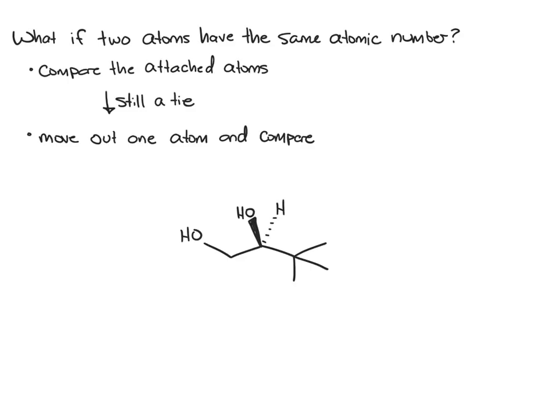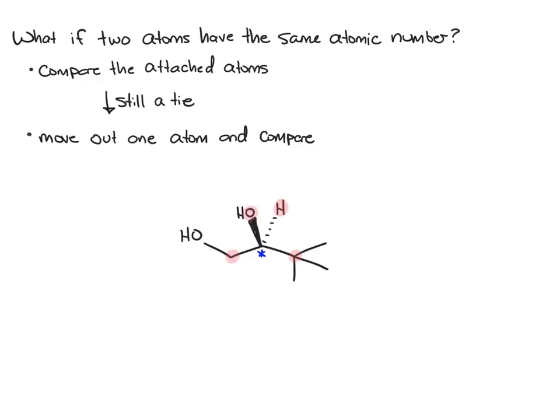Now in some cases you might run into a situation where 2 atoms have the same atomic number. Let's look at this example down here and we'll see how that happens. Here's our chiral center, and let's go ahead and highlight the 4 atoms directly attached. We have an oxygen, a hydrogen, a carbon, and a carbon.